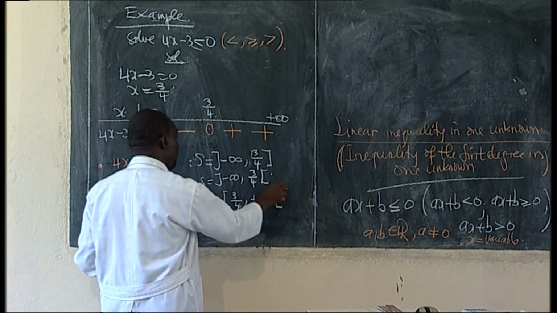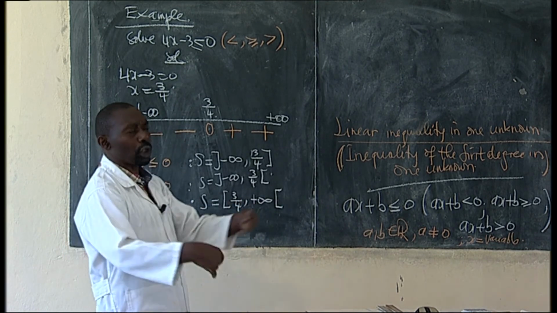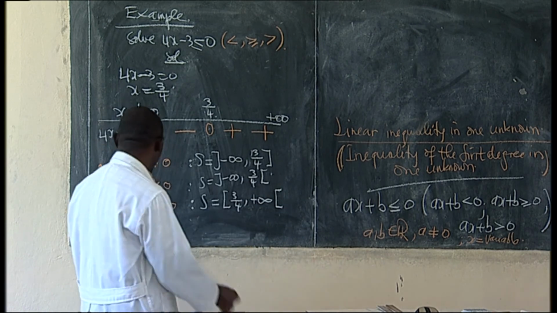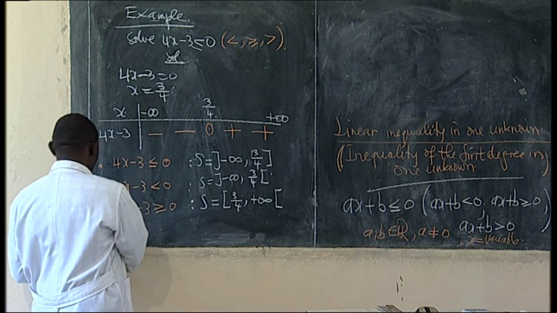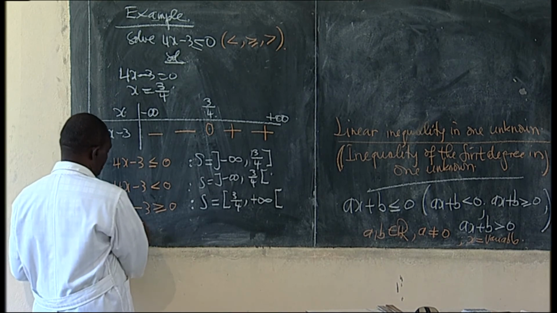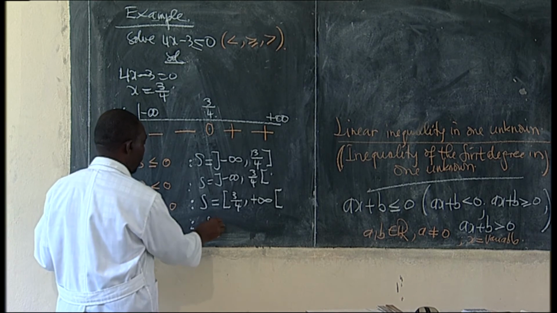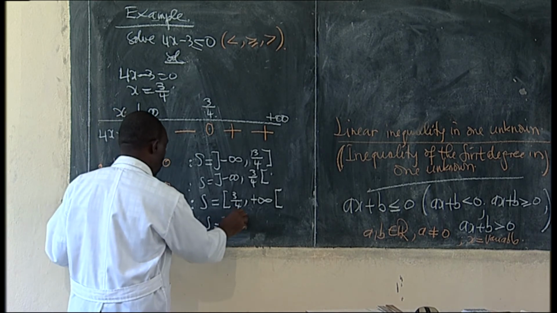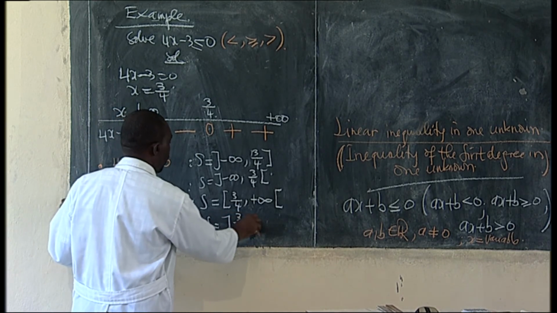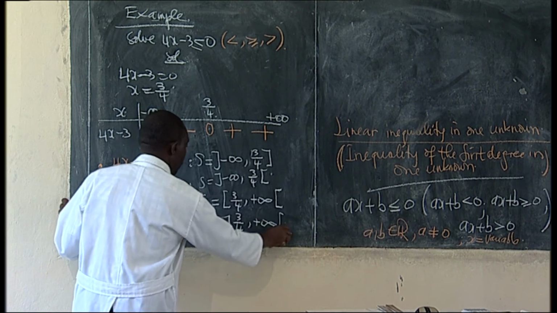You know, at infinity, positive, negative, the interval is always open because those are not real numbers. Finally, for 4x minus 3 greater than 0, the set of solution is from 3 divided by 4 up to positive infinity. We are done.